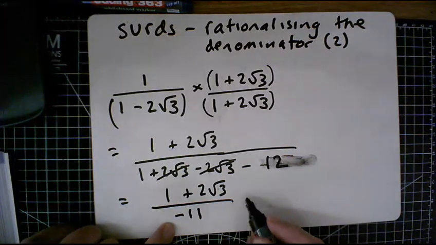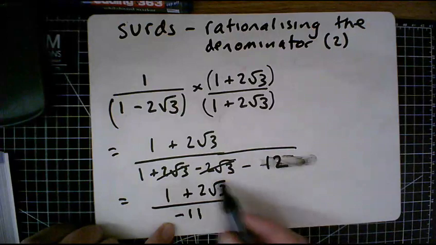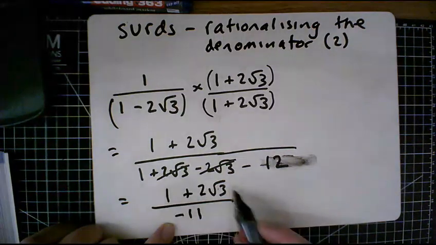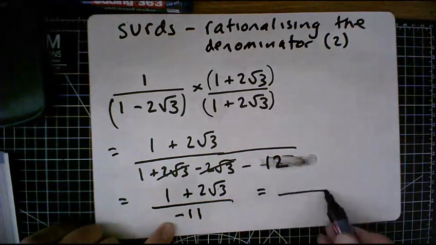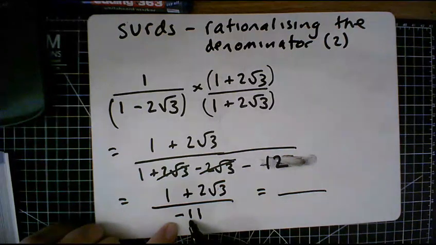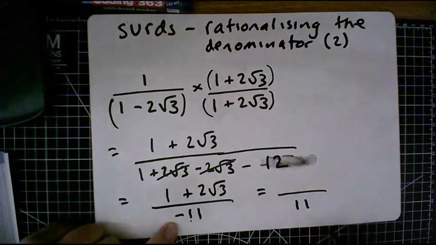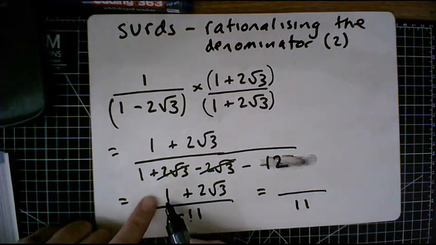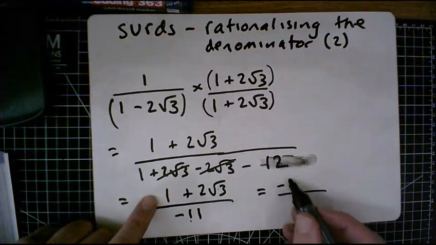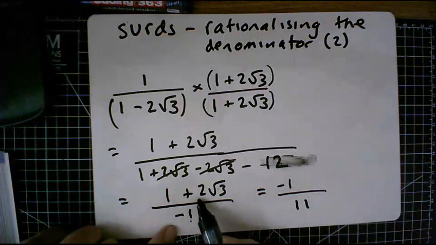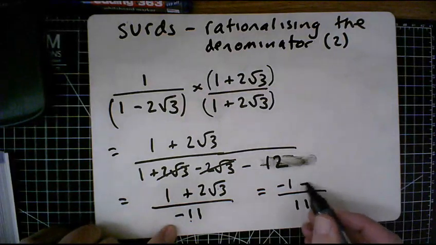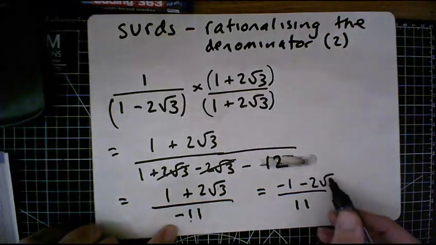So I'm going to divide all of this through by negative 1. If I divide negative 11 by negative 1, I get positive 11. If I divide 1 by negative 1, I get negative 1. And if I divide 2 root 3 by negative 1, I get negative 2 root 3.